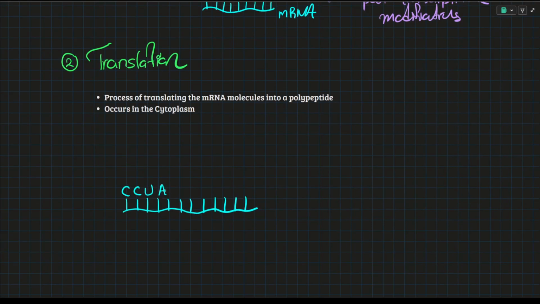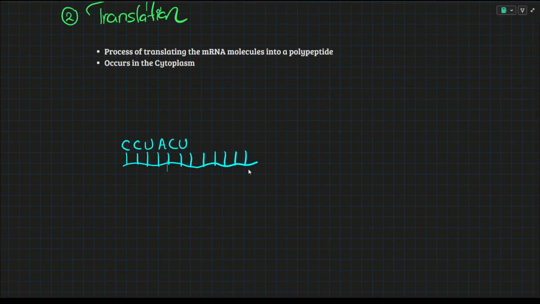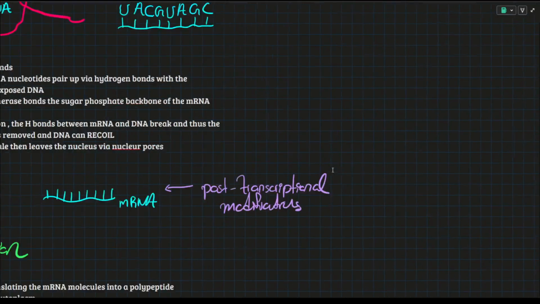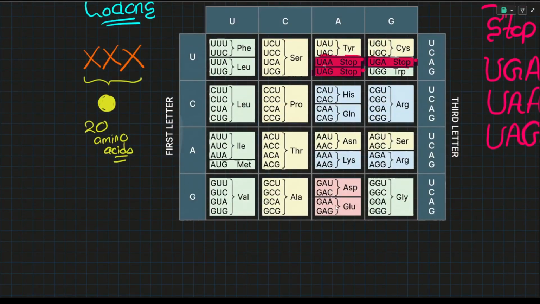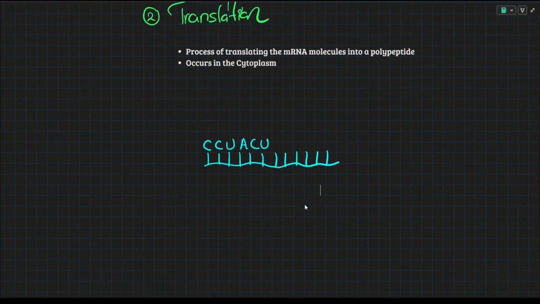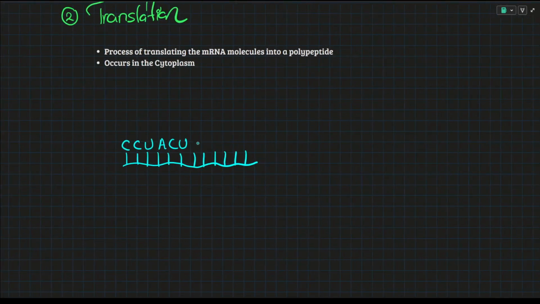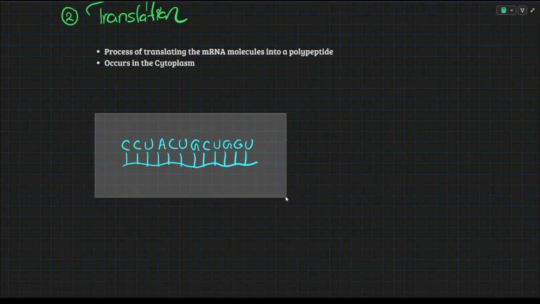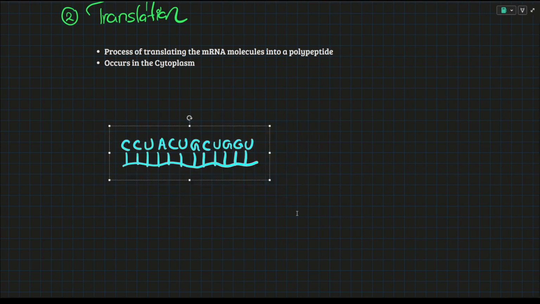CCU ACU. Let's move that a little bit here. Let's find another codon. GCU GGU. GCU GGU. Okay. Now let's say the mRNA transcript that came to the cytoplasm is this.